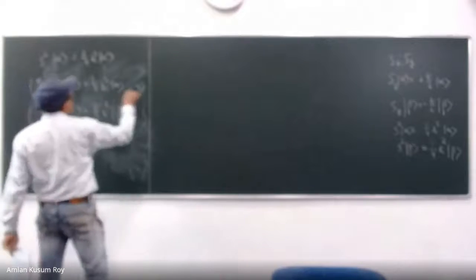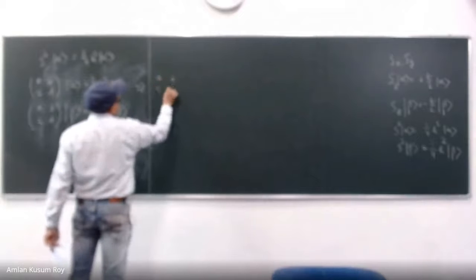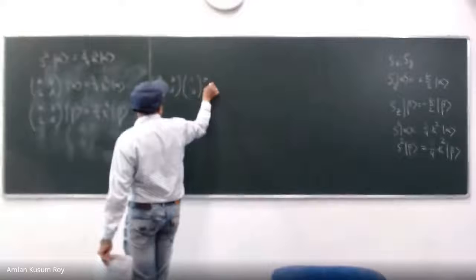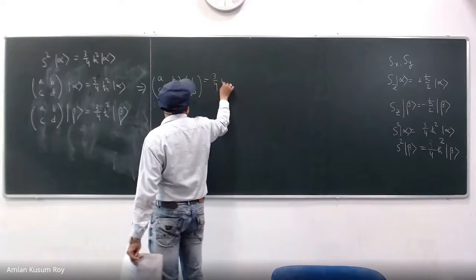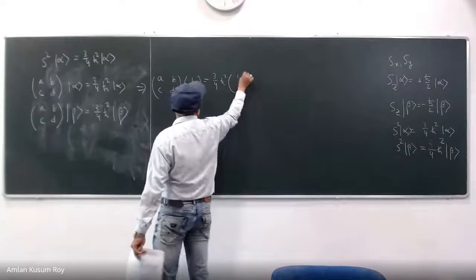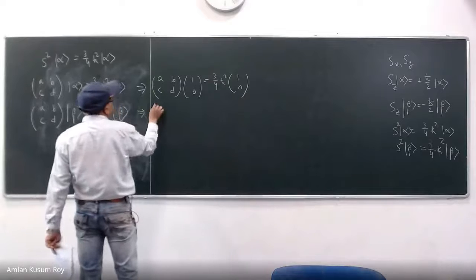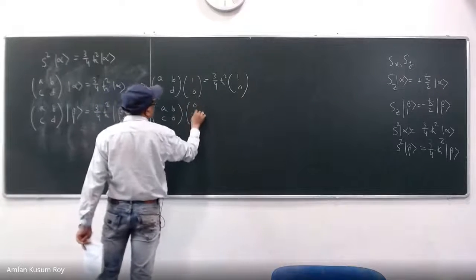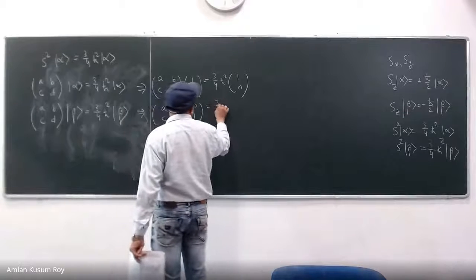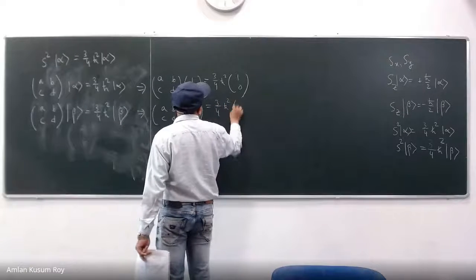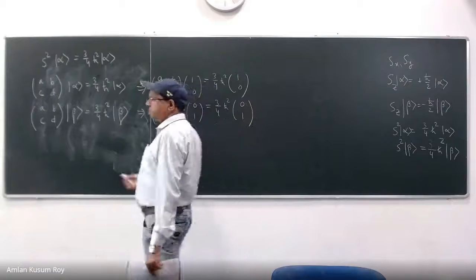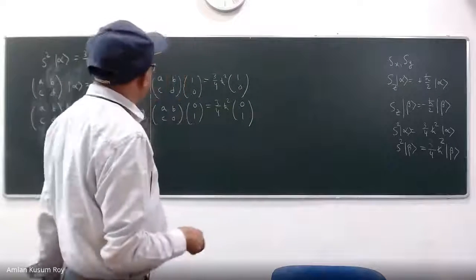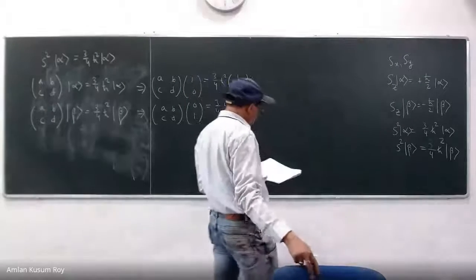So A, B, C, D times 1, 0 is equal to 3 by 4 H cross square times 1, 0, and another equation where A, B, C, D times 0, 1 is equal to 3 by 4 H cross square times 0, 1. If you take these two equations, you should be able to find out the values of A, B, C, D. Please tell me what are those.